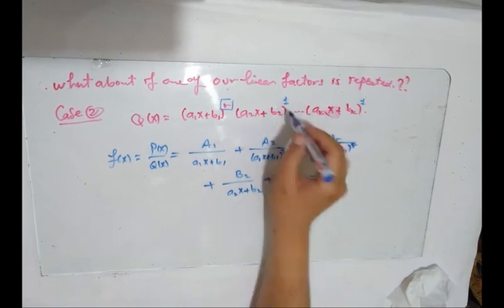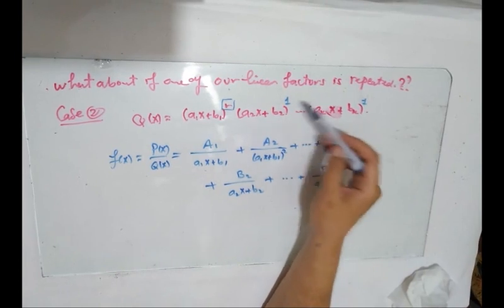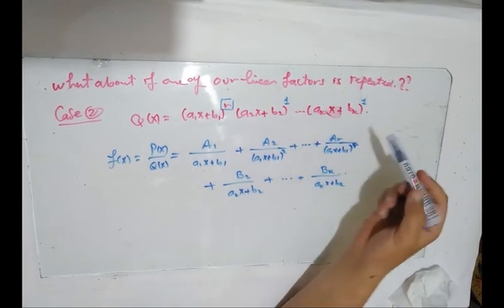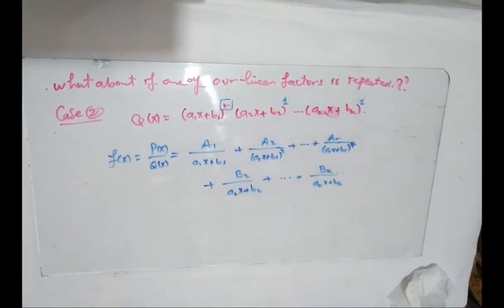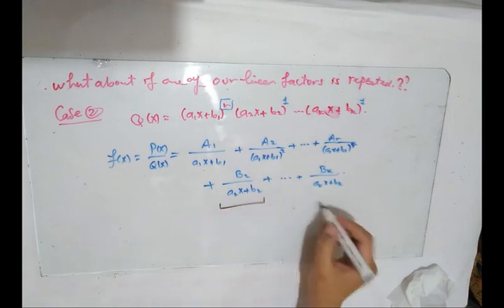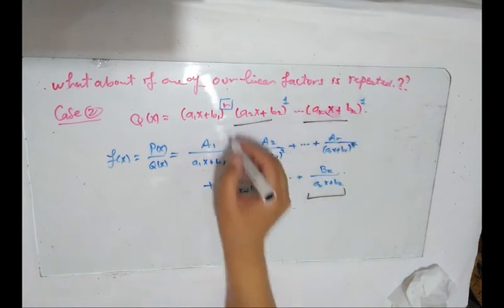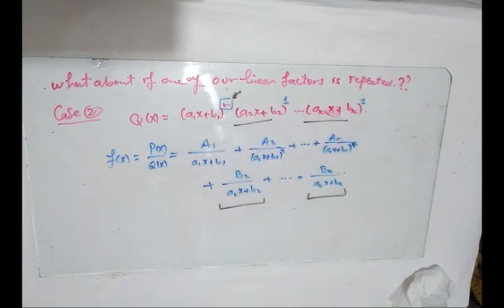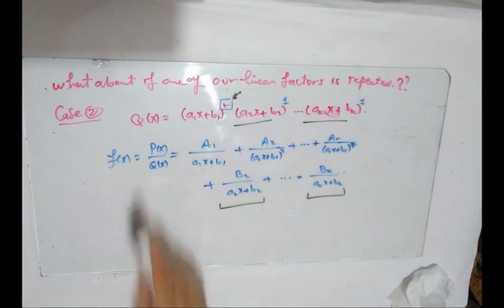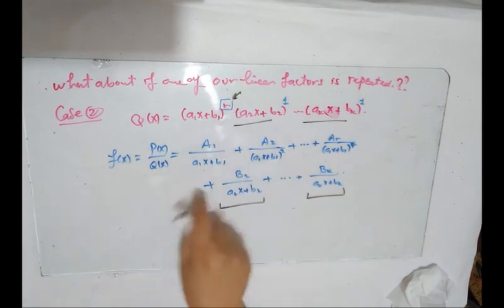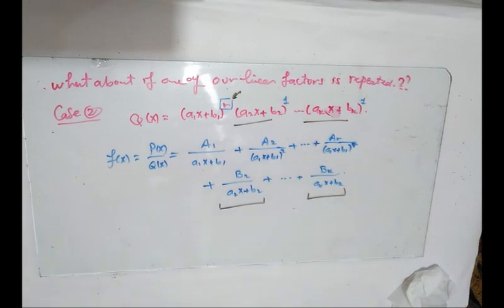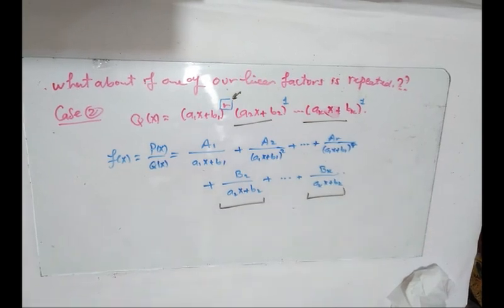So each one which is raised to the power 1, so which is not repeated, will share just one partial fraction. And the one which occurs r times in the factorization of q of x will share r partial fractions. Let's see an example to understand it.